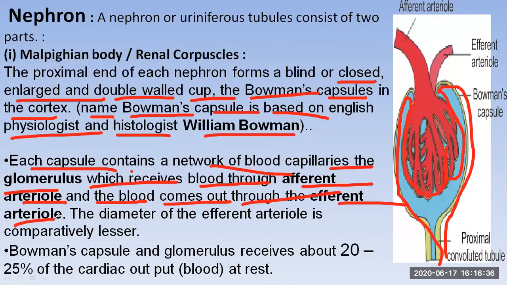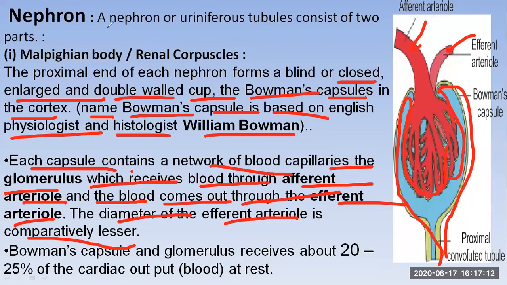If you check the diameter, the afferent arteriole is much wider, and the efferent arteriole is comparatively narrower. You can see in the figure that the afferent arteriole has a wide lumen and the efferent arteriole has a narrow lumen. Due to the narrow lumen, it creates a pressure gradient by which the maximum filtrate can be filtered inside the Bowman capsule.